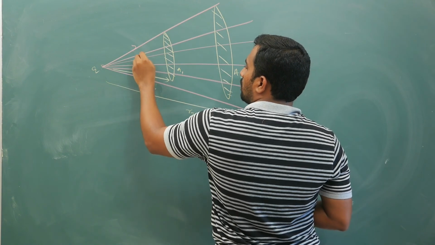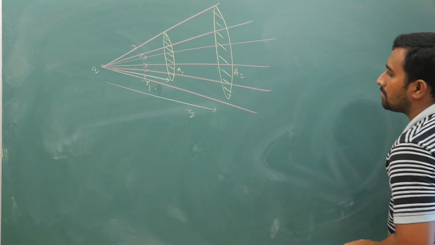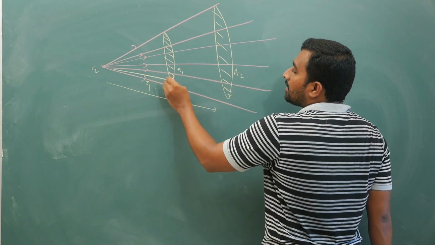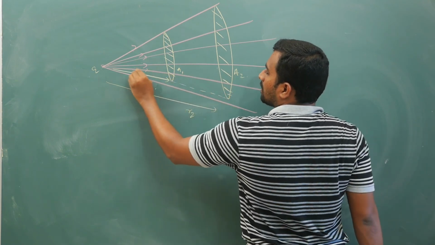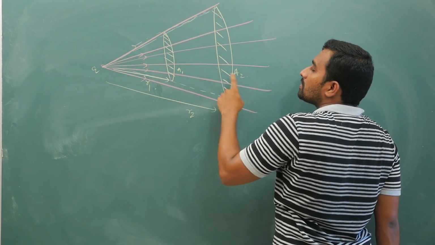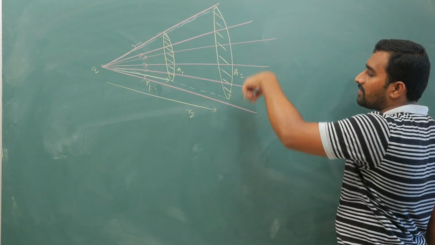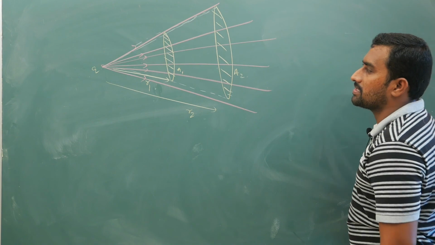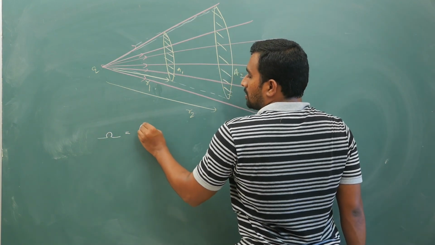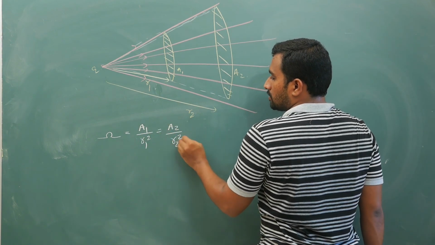Now observe carefully. If you look at this figure, in terms of solid angle, both figures subtend the same solid angle. If you join these two, whether this is close and this is far, it doesn't matter, the solid angle is the same because the same number of lines go through both surfaces. So your solid angle is A1 by R1 square, which is equal to A2 by R2 square.